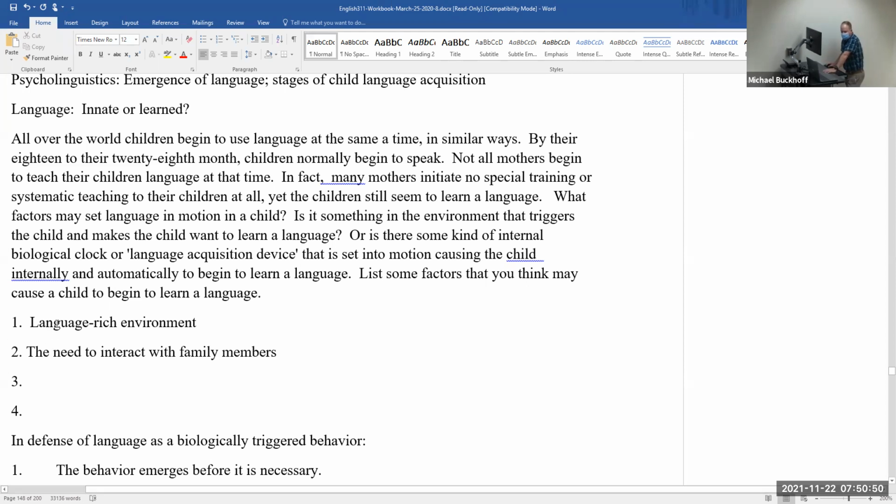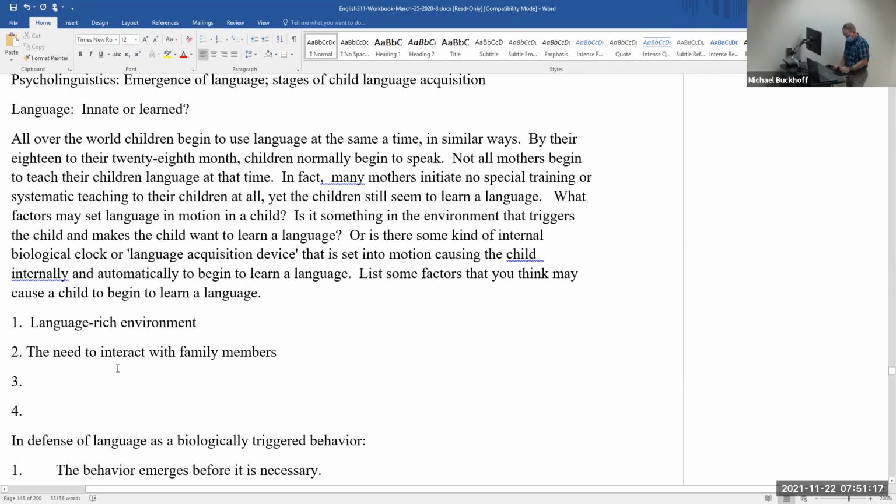Okay, so we got a language rich environment, the need to interact with family members. What else? Some factors that you think may cause a child to begin to learn a language. They want to communicate their needs.